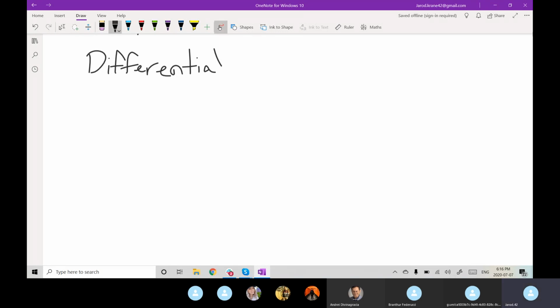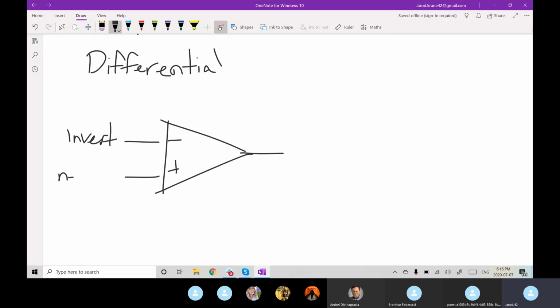So to start off, your OpAmp symbol, you have an inverting and non-inverting pin.